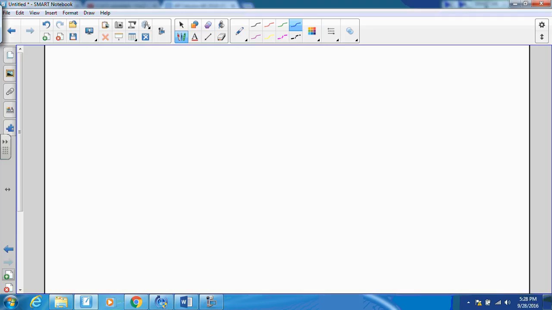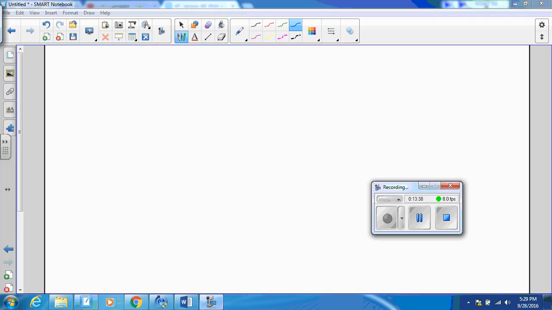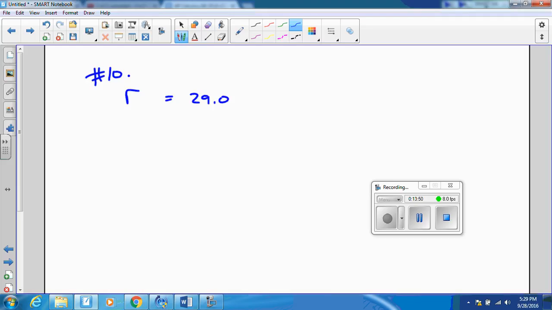Now, how does all of this relate to number 10? Let's take a look at the question. In number 10, we are told that we have a snowmobile originally at the point with position vector 29 meters at an angle that is 95 degrees counterclockwise from the x-axis.